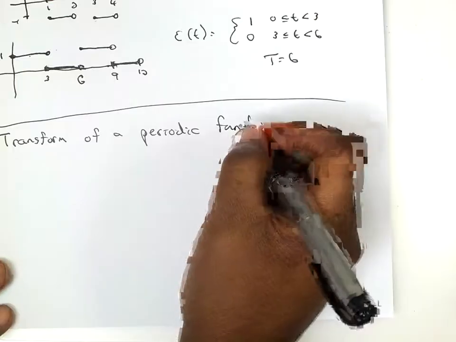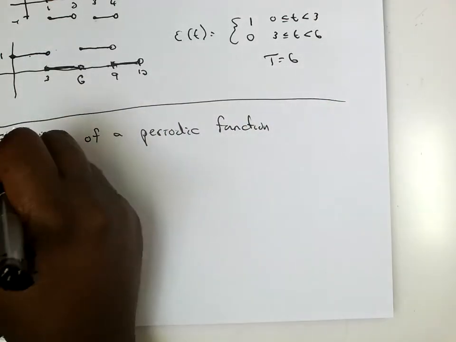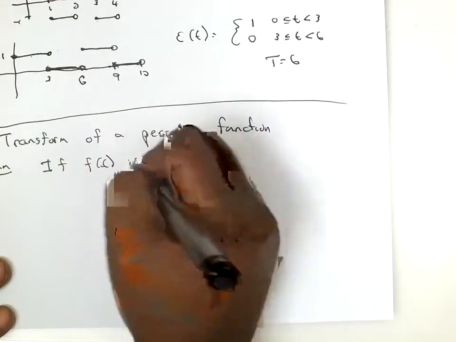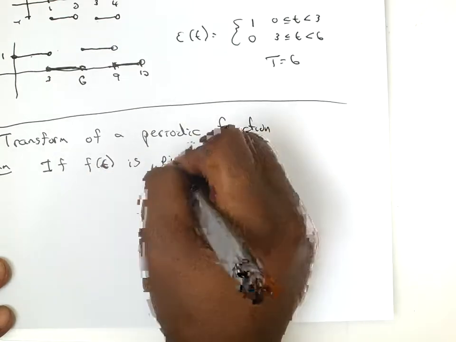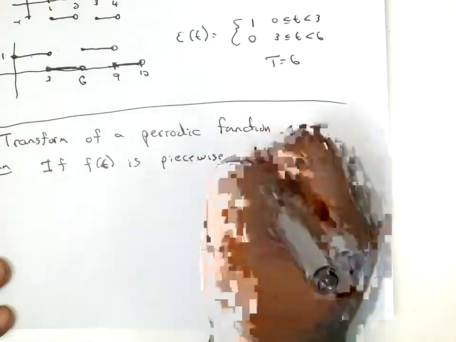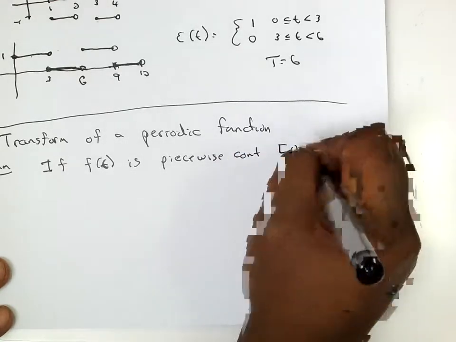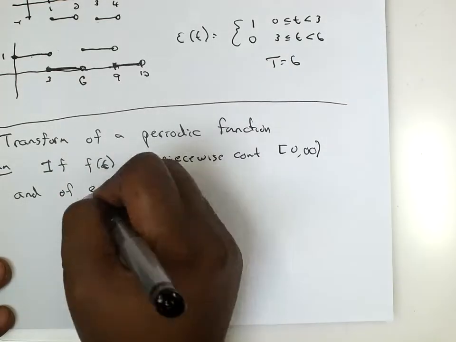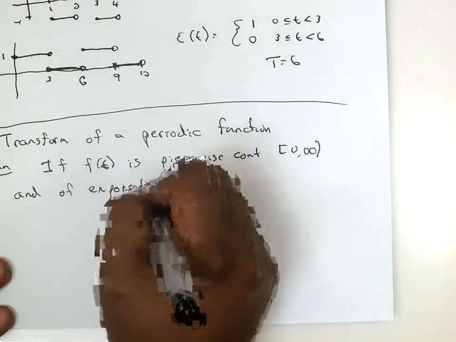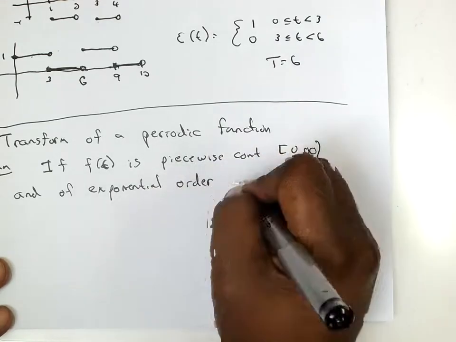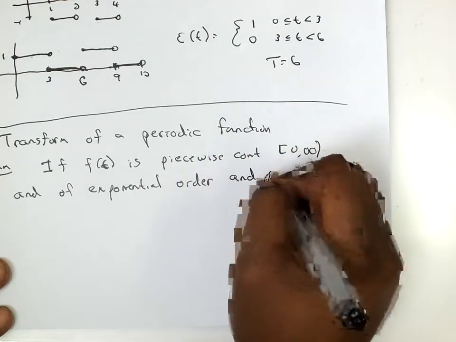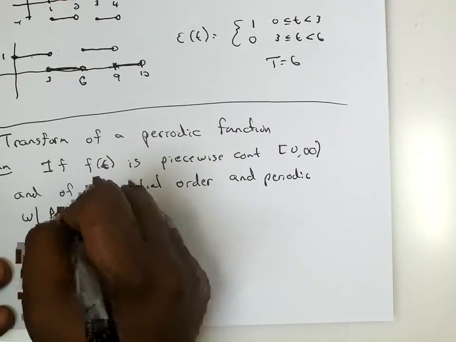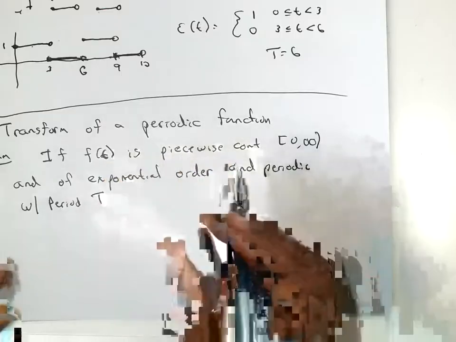So we want to look at the transform of the periodic function. So our theorem is, if f of t is piecewise continuous on the interval from 0 to infinity and of exponential order, and periodic with period T, then this is what we're going to use.